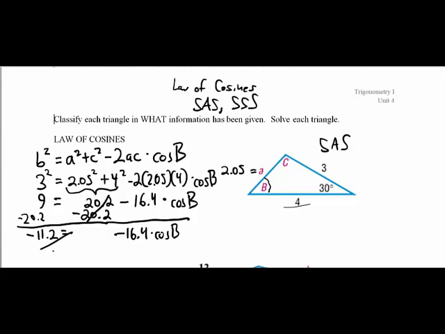Now I get to divide everything by negative 16.4. Okay, now these simplify to 1, and negative 11.2 divided by negative 16.4 is roughly 68 hundredths, and that's equal to cosine B. Now you'll note that this value is very important.